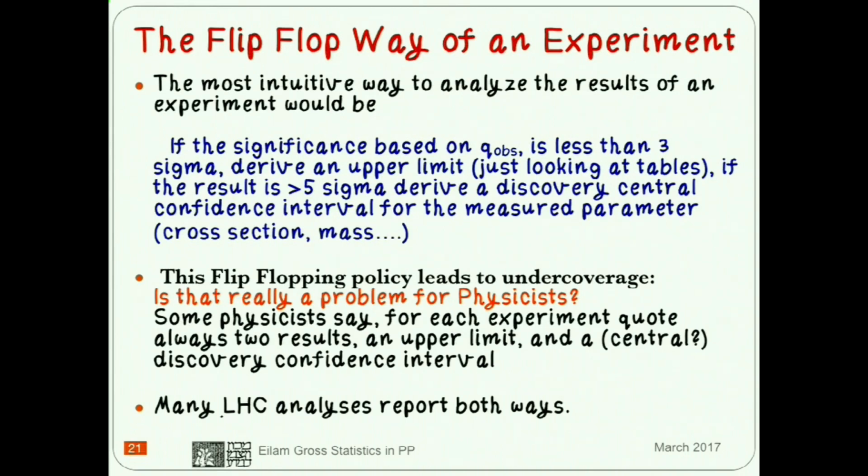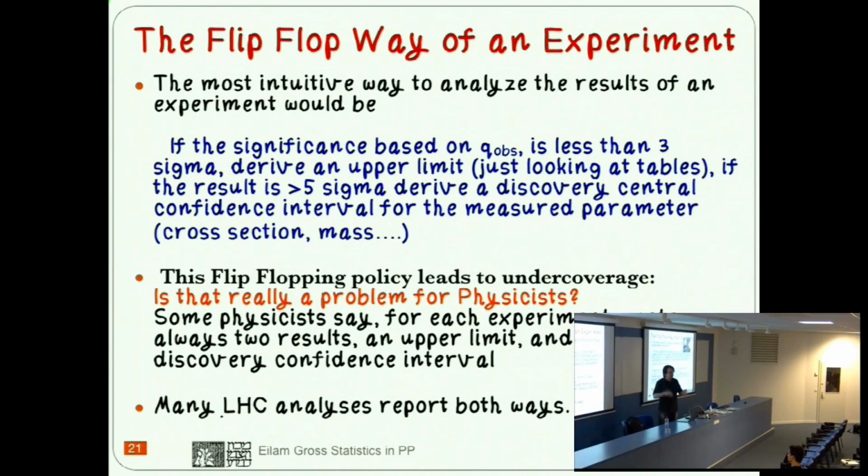We're bothered by the following things. They're bothered by something called flip-flopping. When we do an experiment and we don't observe enough fluctuations, that tells a story, then we say there's no signal here, let's set a limit. And if we suddenly see a huge fluctuation, we say, no limit, let's do a measurement, here we have a signal, let's measure the cross-section.